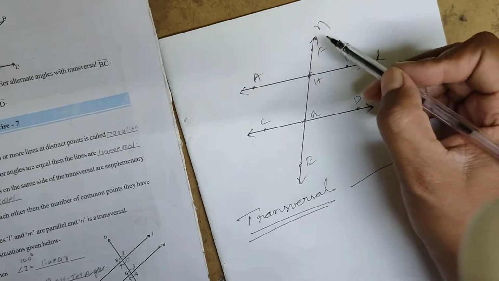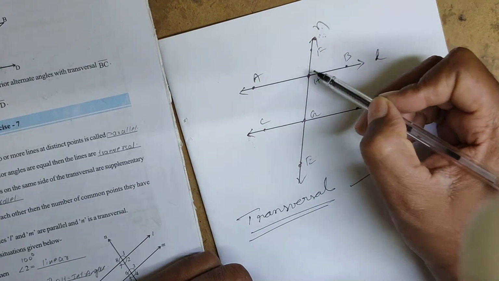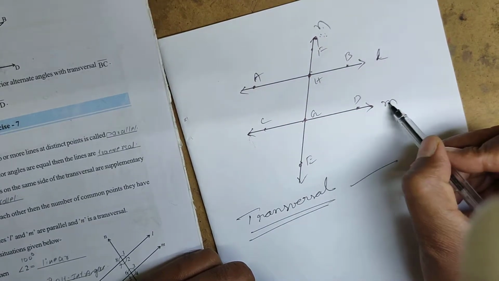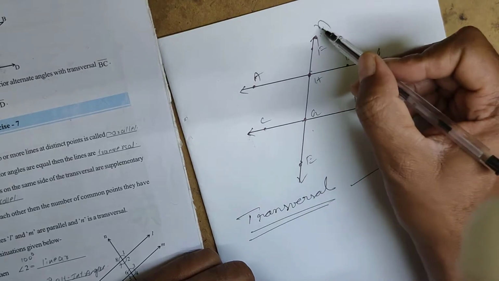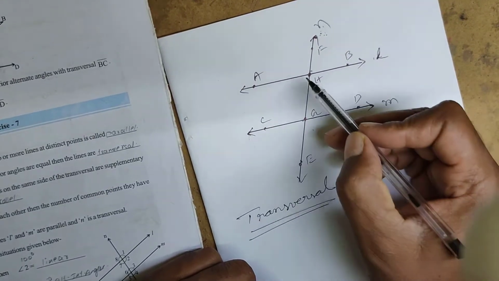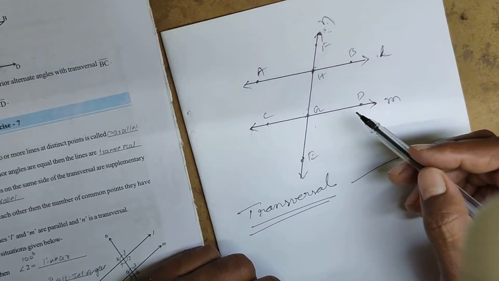Now see here, N is one line. N is intersecting line L at H and line M at G. It means one line is intersecting two other lines at two different points. Then N is said to be called a transversal.